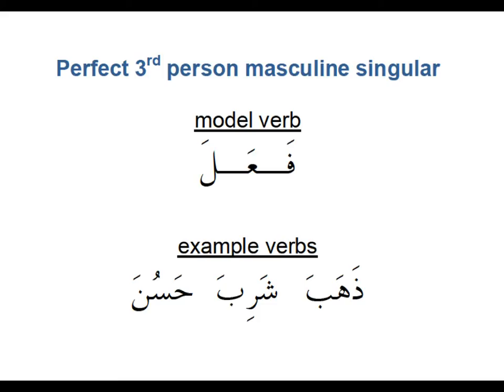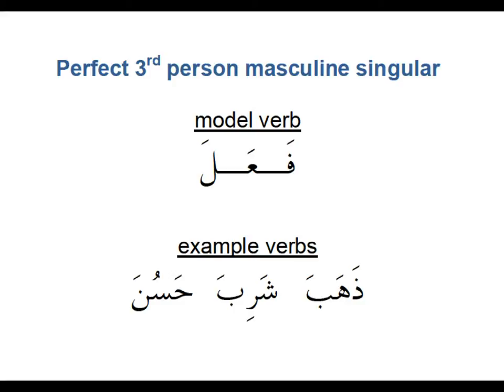This is the answer. The simplest form of the Arabic verb, from which all other forms are derived, is perfect third-person masculine singular. And this is the form you will find in dictionaries.